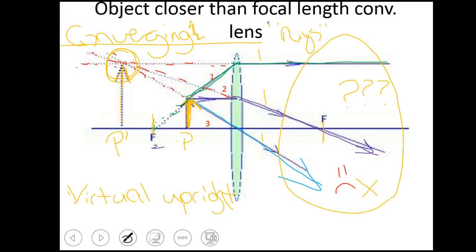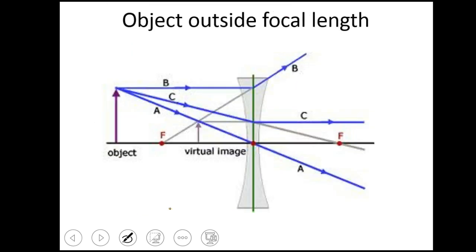Along with eyes, we'll talk about this kind of situation a little bit more in Chapter 19 when we talk about telescopes, microscopes, all that good stuff. But for now, I just want you to know how to trace them, and that this is a virtual and upright image.